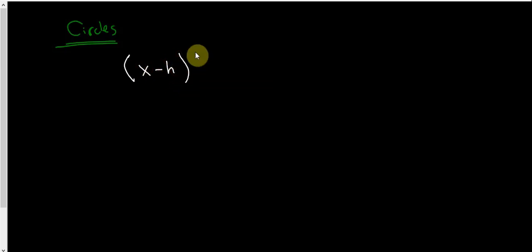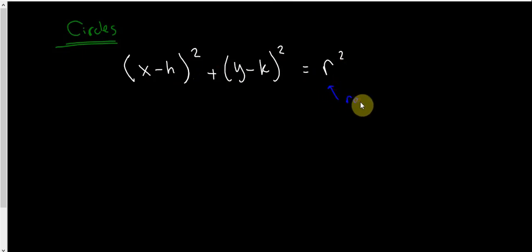(x - h) squared. Hey, that's kind of the completed square part. But plus (y - k) squared equals r squared. So this is the radius, and these pieces are the x and y point of the center of your circle.